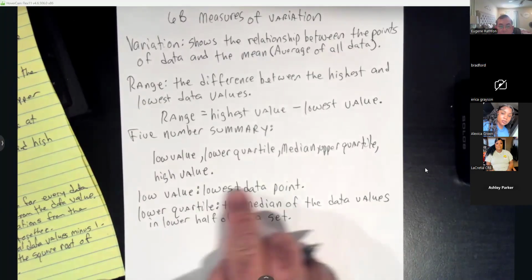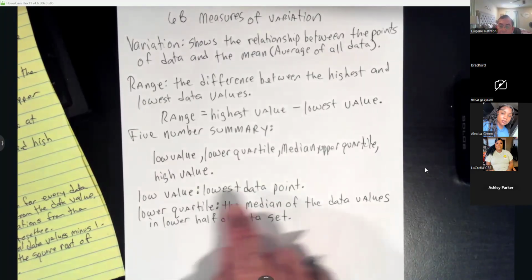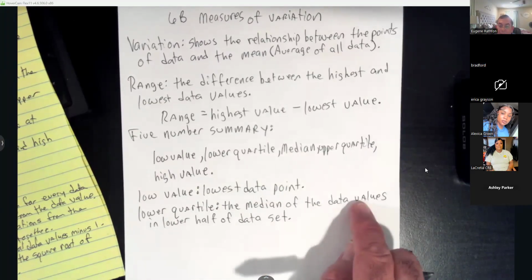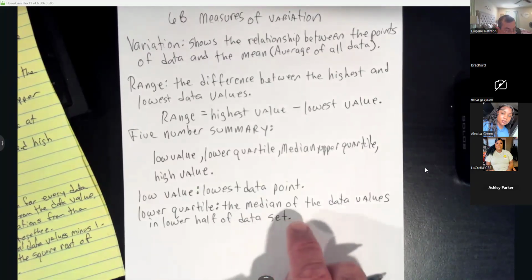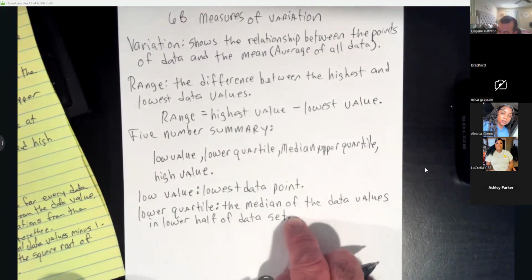Okay, so low value is the lowest data point. The lower quartile is the median of the data values in the lower half of the data set.